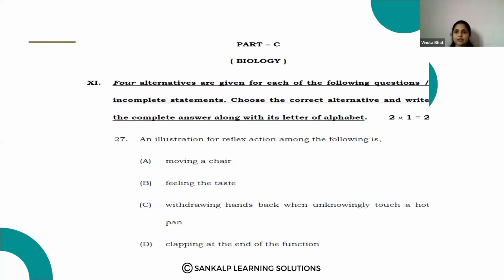Here, reflex action is a sudden action. Moving the chair, no. Feeling the taste, no. Withdrawing the hands back when unknowingly touching the hot pan, that is the correct answer. Option C is the correct answer.